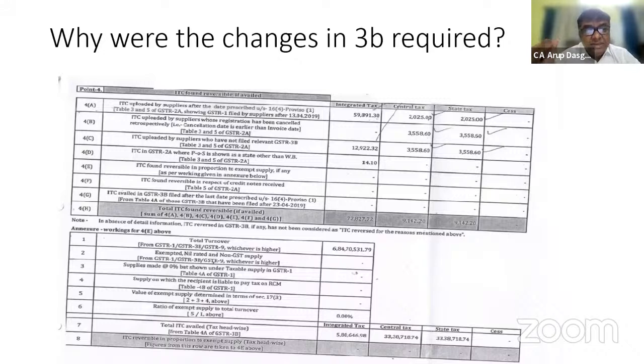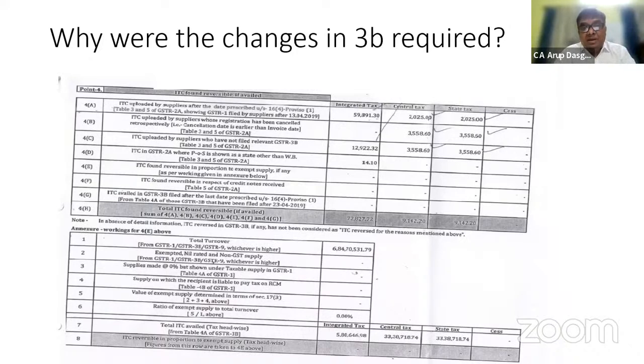So first is ITC uploaded by the suppliers after the date prescribed under section 16(4). So what is happening here? In 17-18, okay, and in 18-19 to a certain extent, we didn't have the option to match it with 2A or 2B.